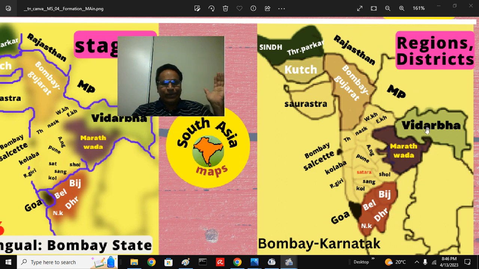Of course, the Vidharbha region. And remember, the Bombay Presidency. There are three presidencies: Bengal Presidency, Bombay Presidency, and Madras Presidency. This Bombay Presidency at one time had Sindh, that is Karachi, Dadu, Larkana, Tarparkar, those regions. Then we have the Kutch region, that was a princely state.